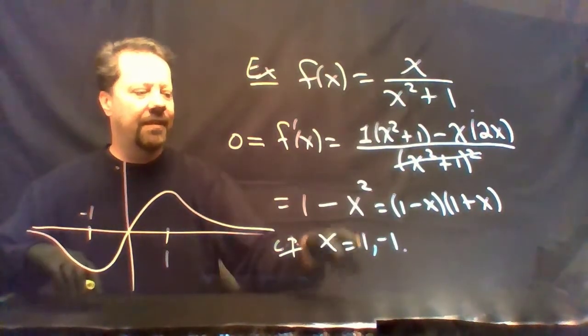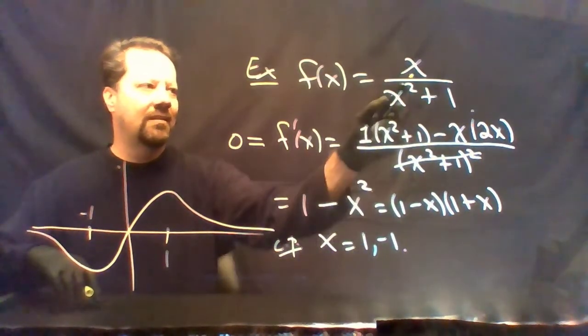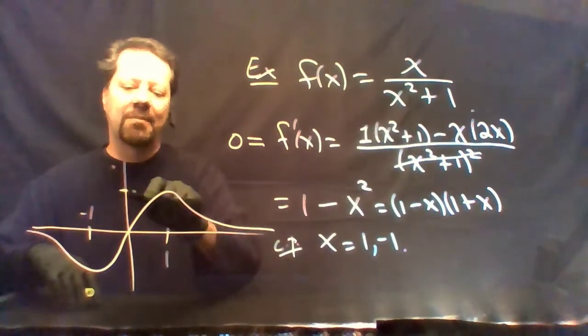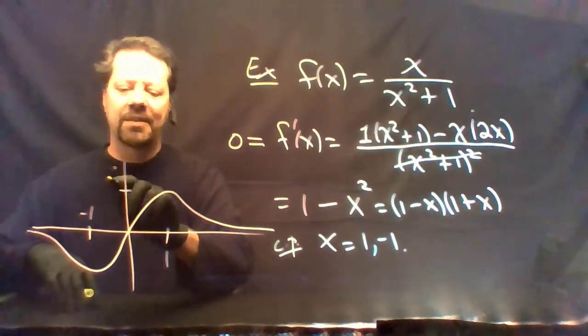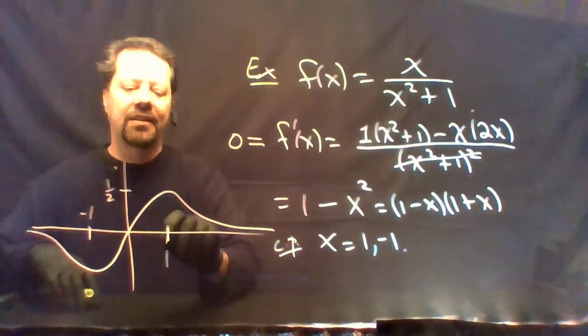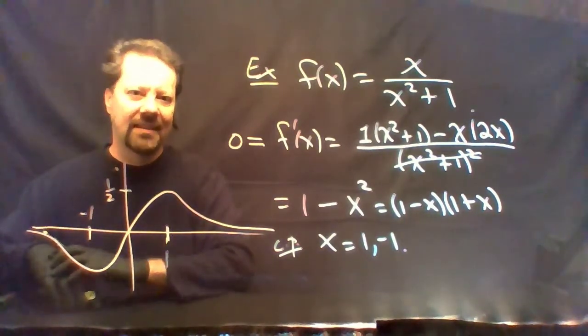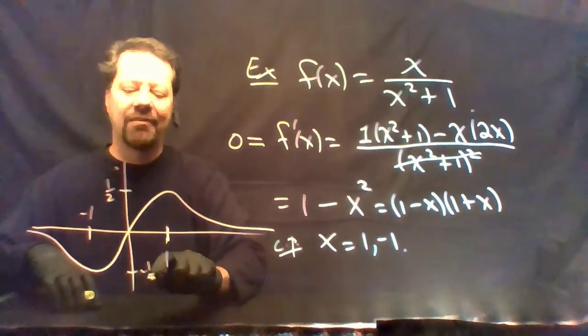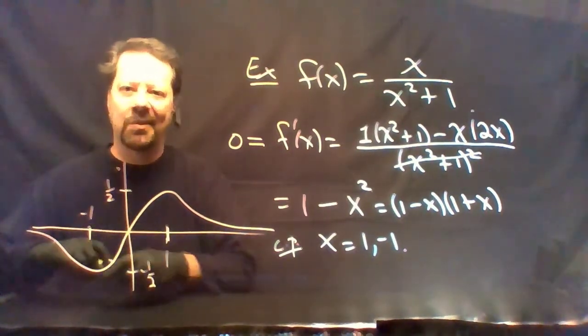What is the value of the function at 1? 1 over 2, we get 1/2. The maximum of this function, the absolute maximum is 1/2 and occurs at x equals 1. By symmetry, the absolute minimum will be -1/2 and occur at x equals -1.